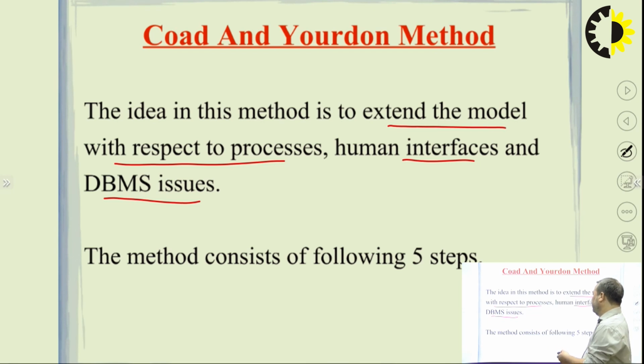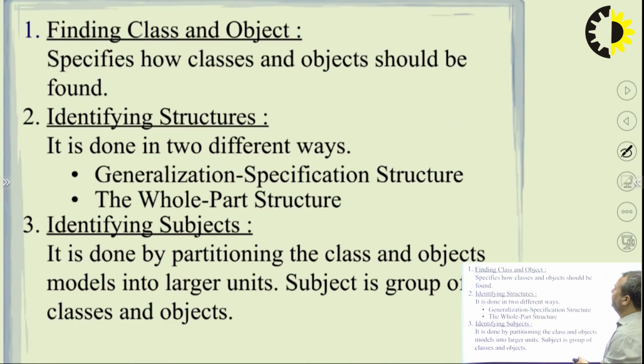The method consists of the following five steps. First, finding classes and objects like earlier, specifying how classes and objects should be found. Then we have to identify the structure. Structure means the whole data type, similar, non-similar, even the functions we can include. Even generalization-specification means superclass, subclass.